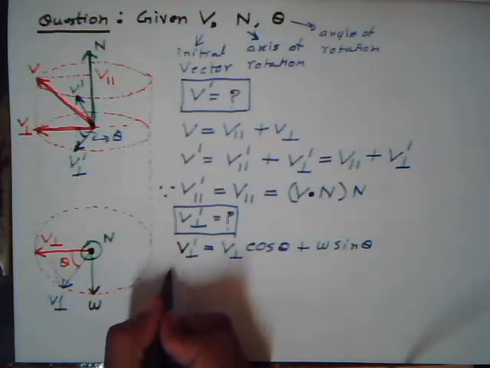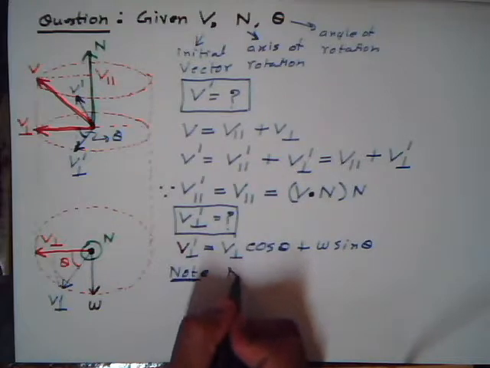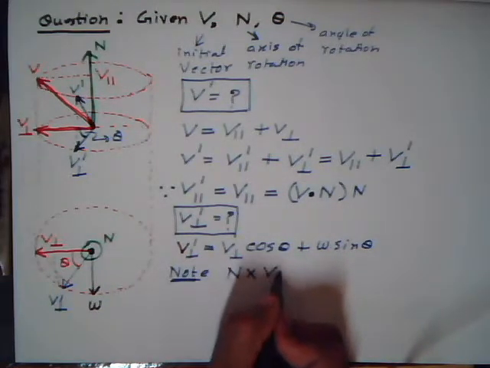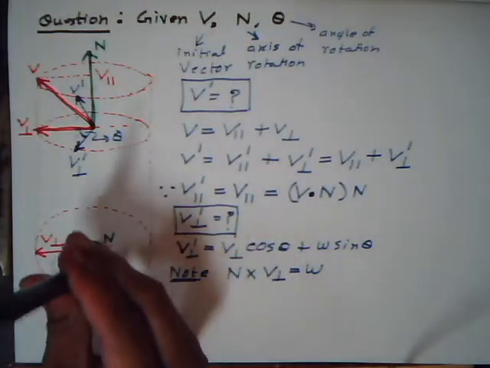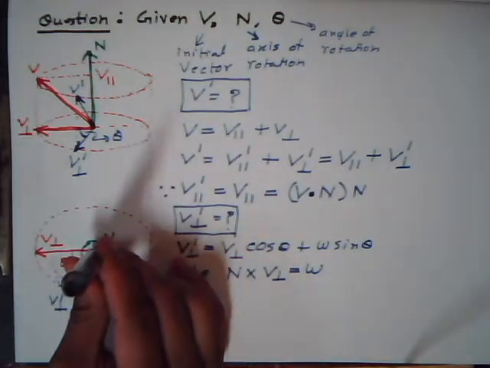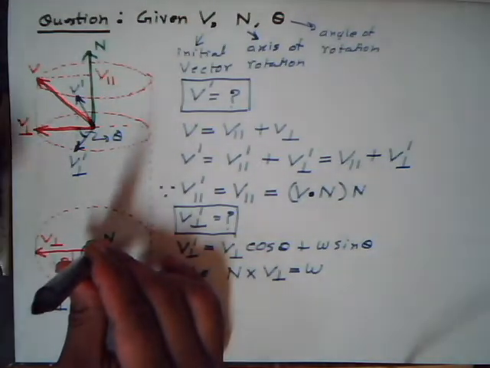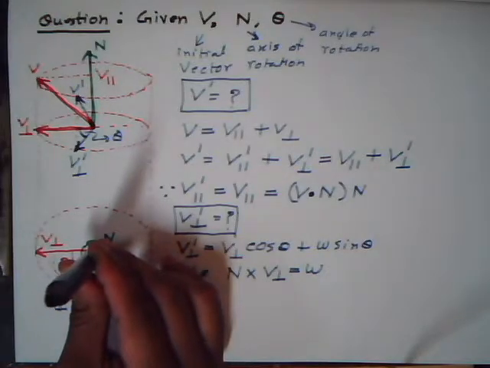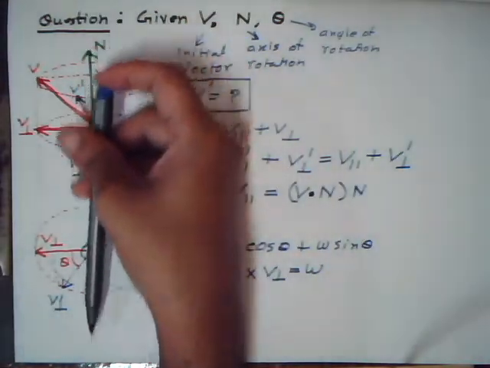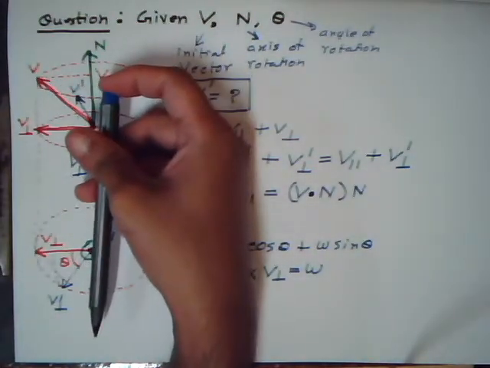For that, note that n cross v perp is equal to w. Why? Because the vector n is perpendicular to the plane of the page, and if I take the cross product between this vector and v perp using the screw rule, then this will be the result of the cross product, which is along the w.